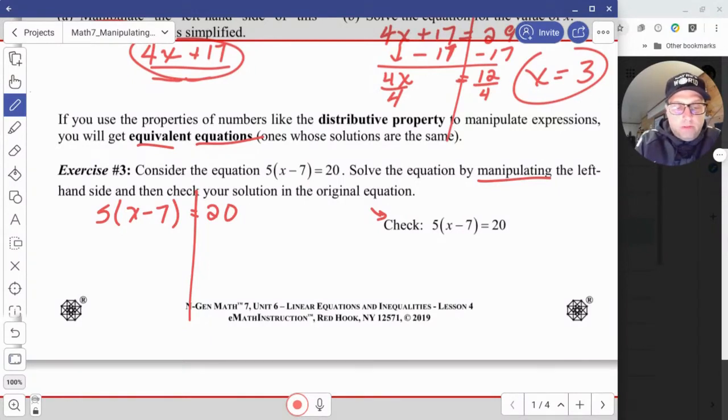Well, this here is not simplified. Why? Because I can see the need to do the distributive property.